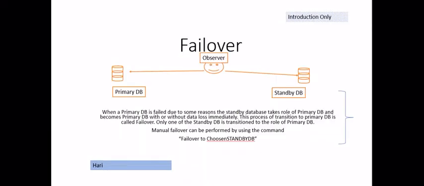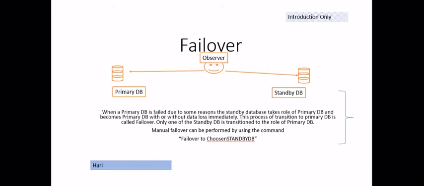Failover is a process of transitioning the primary DB to a standby database. When a primary DB fails due to some reason, the standby database takes the role of primary DB. There can be a number of standby DBs, but only one standby DB becomes primary during failover. An observer is required between the primary DB and standby DBs in order to create a failover scenario.